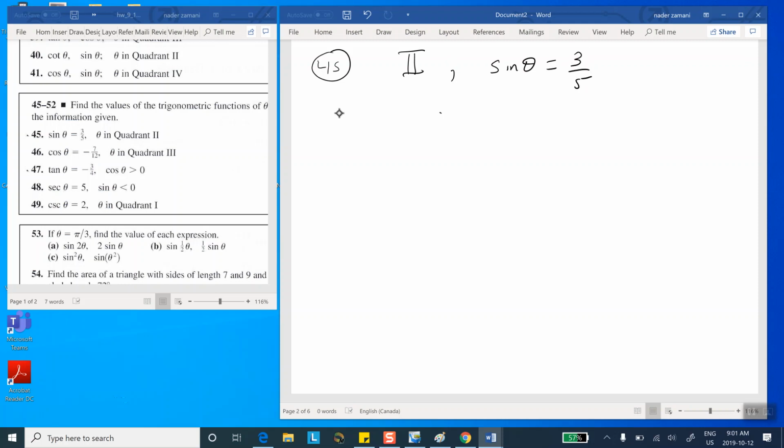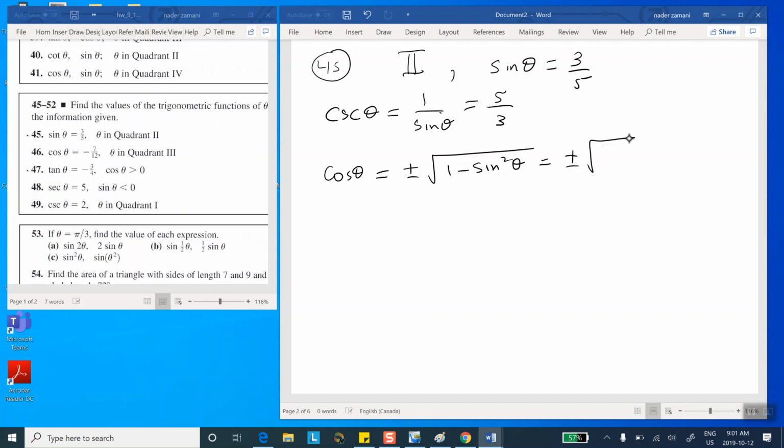Now, immediately we have cosecant of theta equal to 1 over sine theta, which is 5 over 3. Okay? Now, let's find the cosine. Cosine of theta is equal to plus or minus square root of 1 minus sine squared. But we're told sine squared is this number.